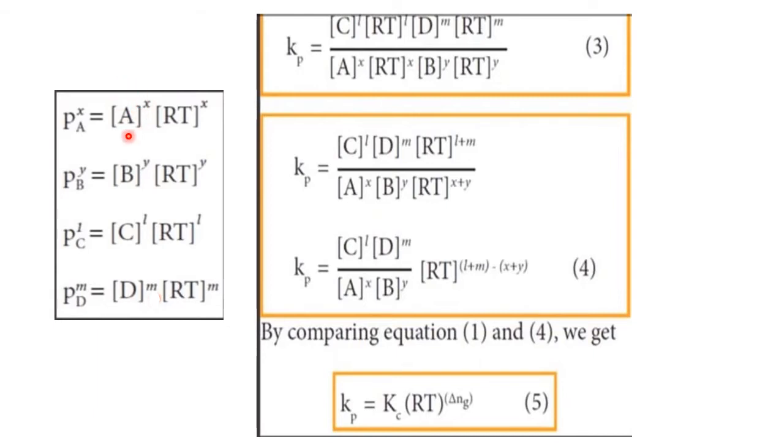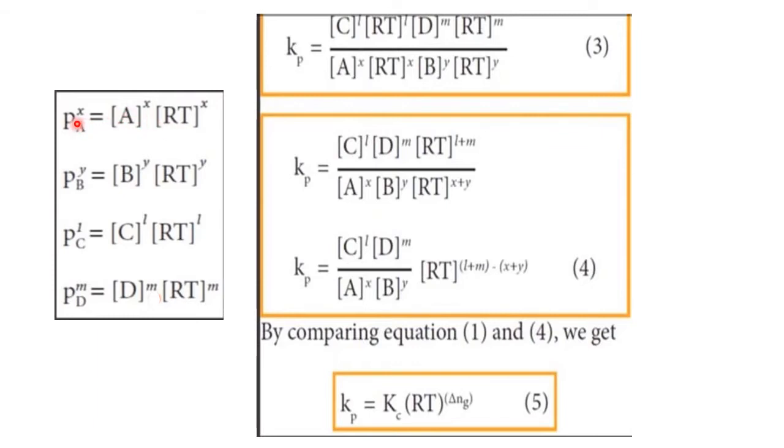So instead of n by V you replace it by the concentration of A, because you are writing the partial pressure of A. So with A power X, you get A power X into RT. This came from the ideal gas equation before.